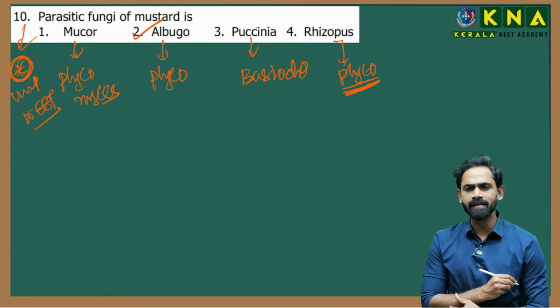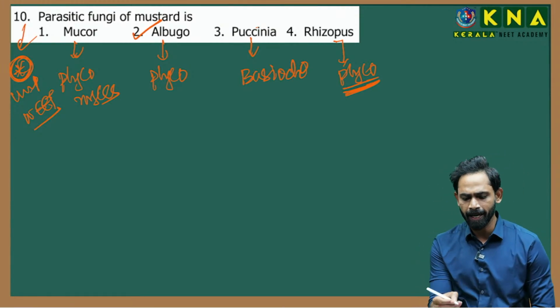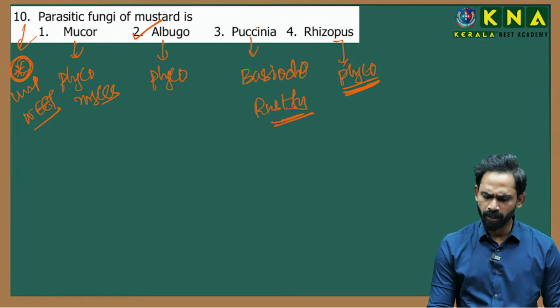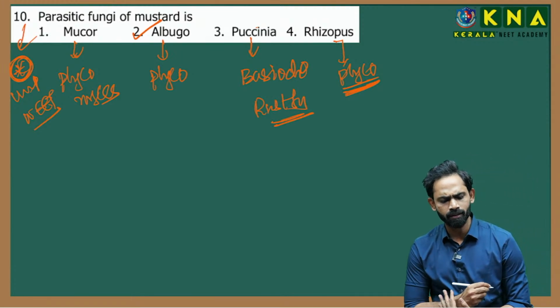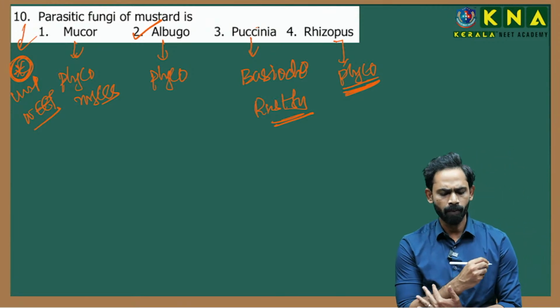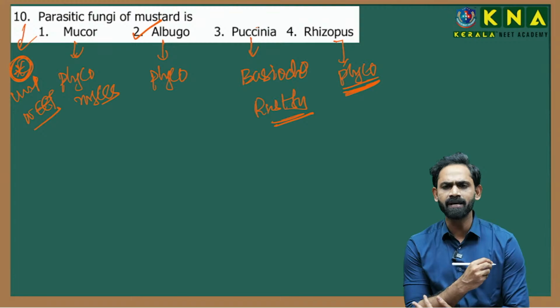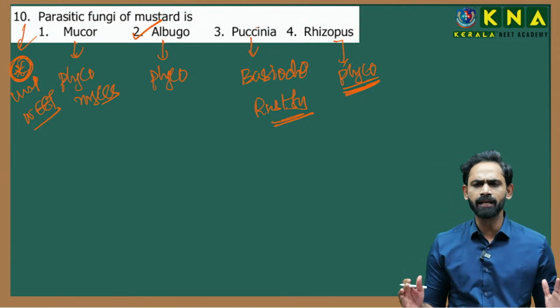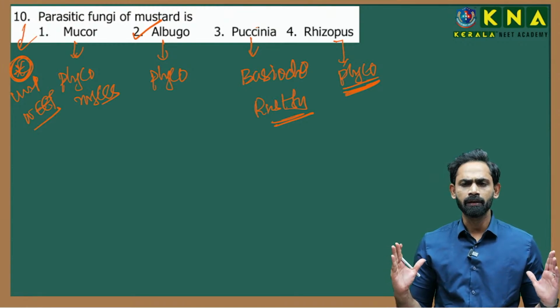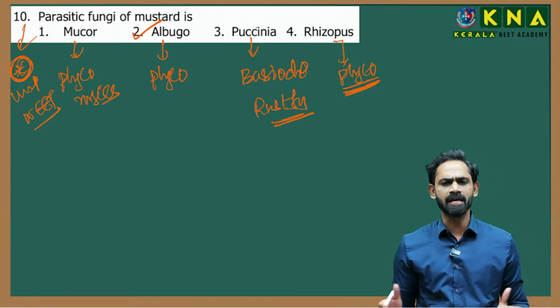Which one is a rust fungus? Puccinia, the rust fungus. Mucor. So for the 10th question, option 2, Albugo, parasitic fungus on mustard. I am telling you examples are important for the exam. Biological classification examples are important.